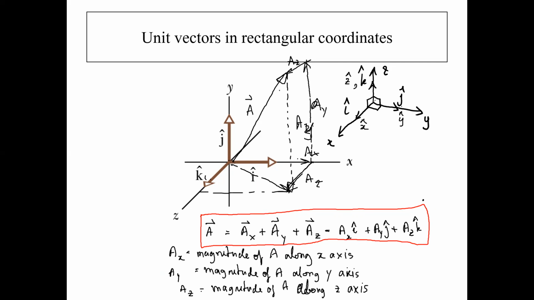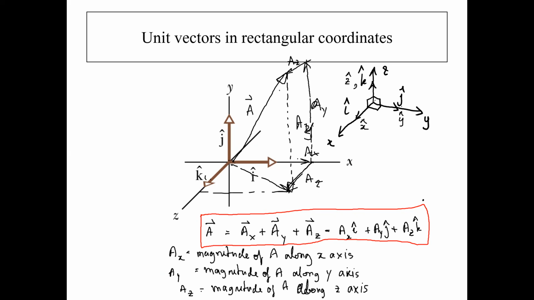The first one is the vector pointing along the x-axis, which we call Ax. Then another vector pointing along the y-axis, which we call Ay, and another pointing along the z-axis, which we call Az. The difference between these three is the magnitude.